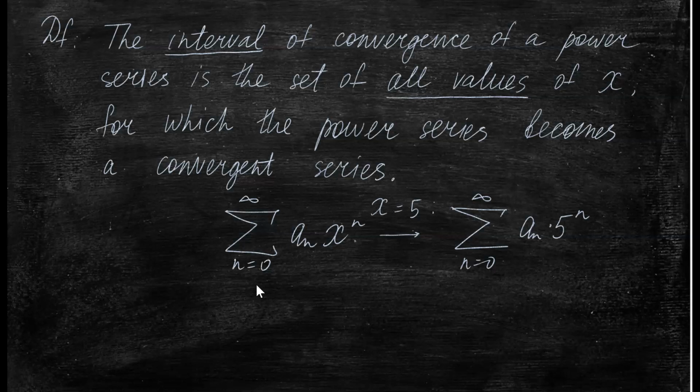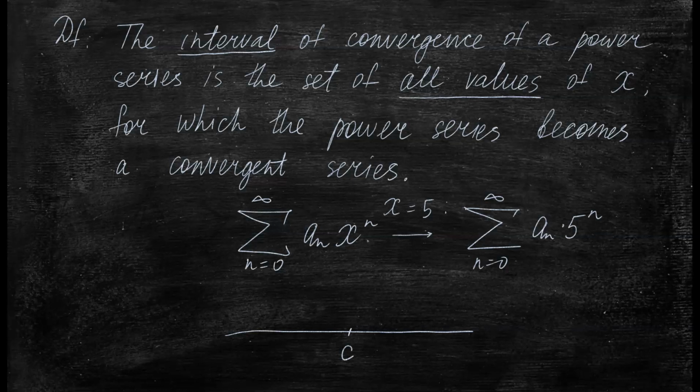So your intervals of convergence always look like this. So this is going to be your center, whatever your series is centered at. And there is a theorem which we're going to take for granted, but it says that the values which we would call the interval of convergence will form a continuous interval around the center.